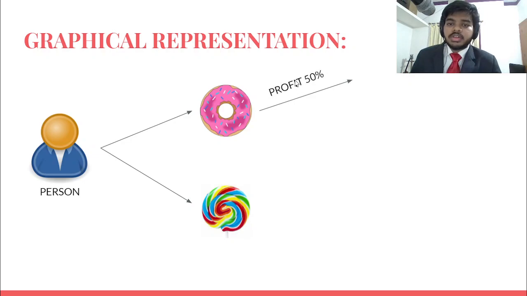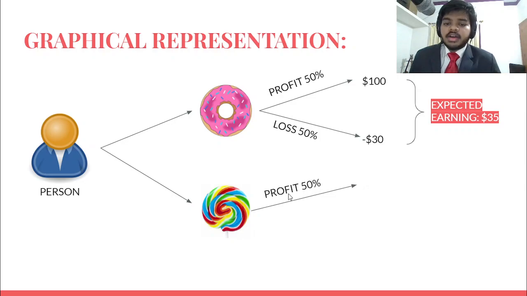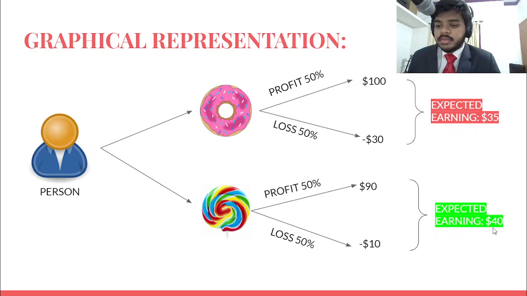For the donut shop he has 50% profit chances, and upon profit he'll get $100, whilst there's a 50% chance of loss and he'll incur $30 of loss, and the expected earning will be $35. On the other hand, the profit of the candy shop will be $90 and loss incurred will be $10, so the expected earning will be $40. So here we can say the candy shop is better than the donut shop.